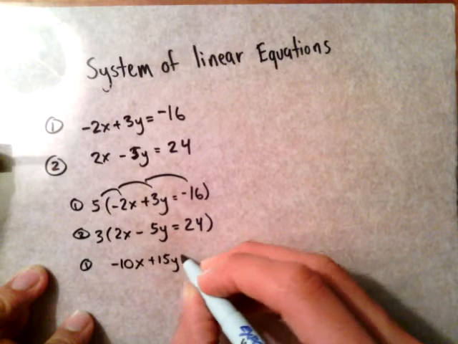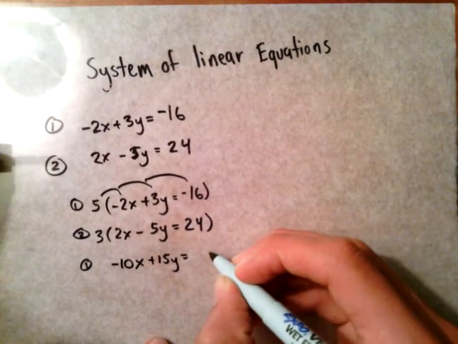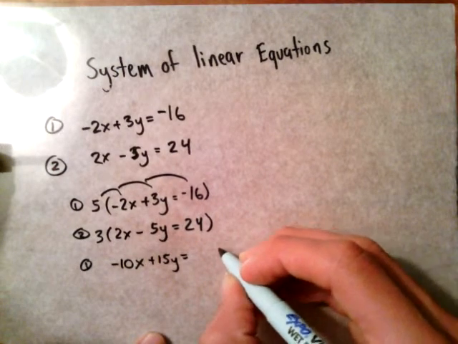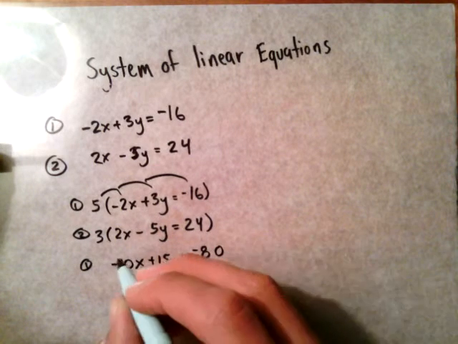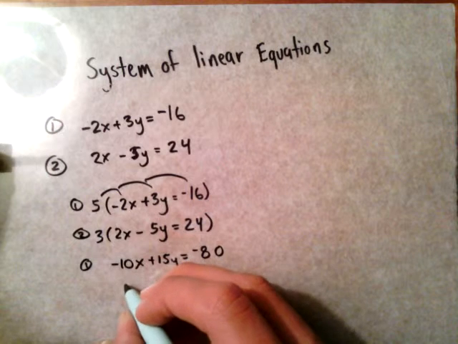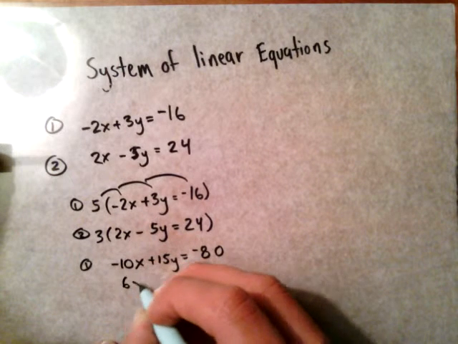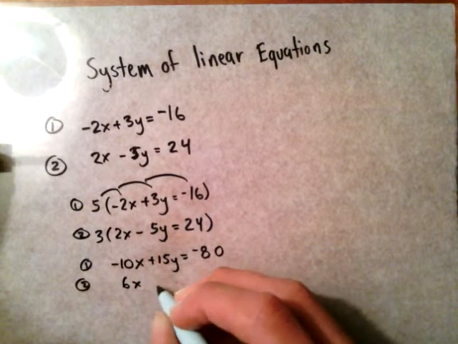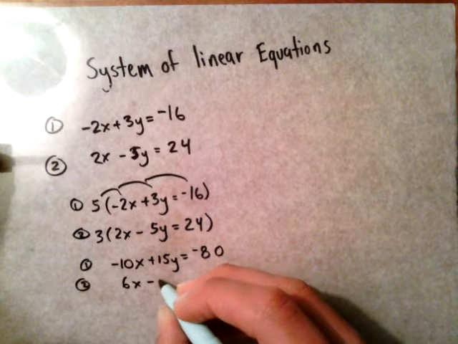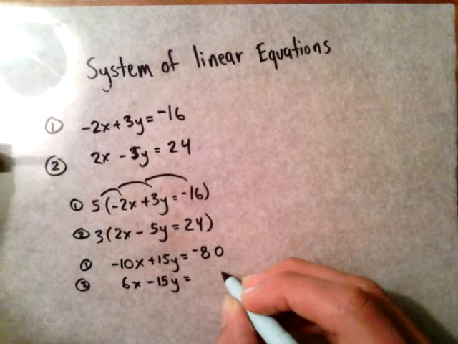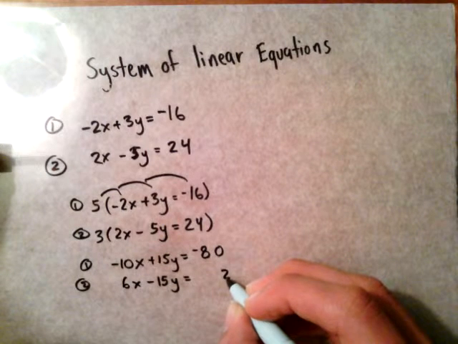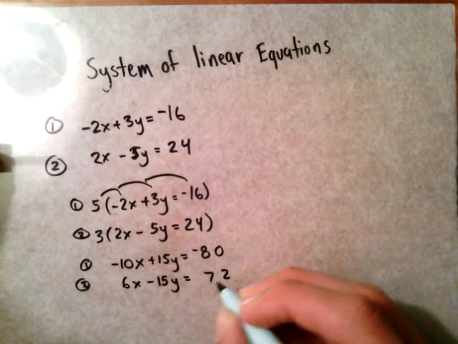We have 5 times negative 16, that gives us negative 80. And below we have 3 times 2x, that gives us 6x. We have 3 times negative 5y, that gives us negative 15y. Then we have 3 times 24, that is 72.